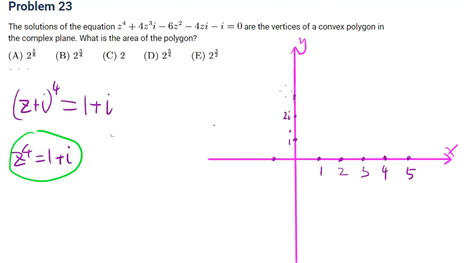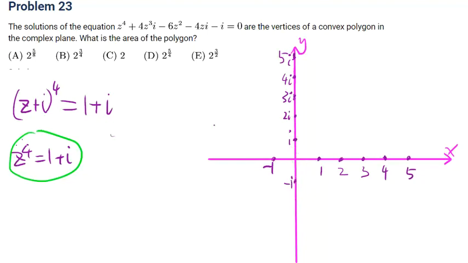Why am I using x and y for this? Oh, it's just coordinates. I'm used to using x and y.